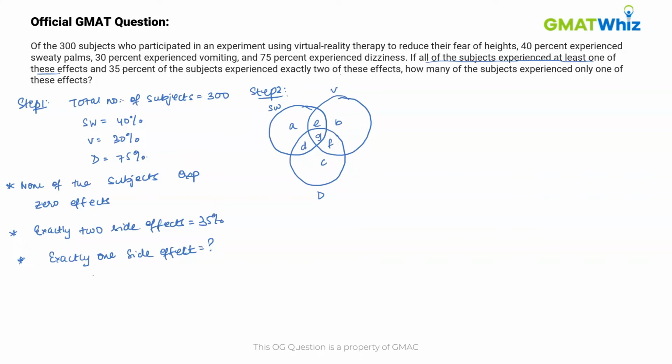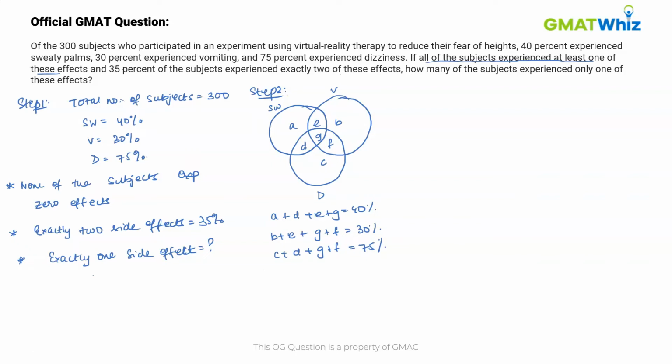According to this entity diagram, we have A plus D plus E plus G equals 40%, B plus E plus G plus F equals 30%, and C plus D plus G plus F equals 75%.